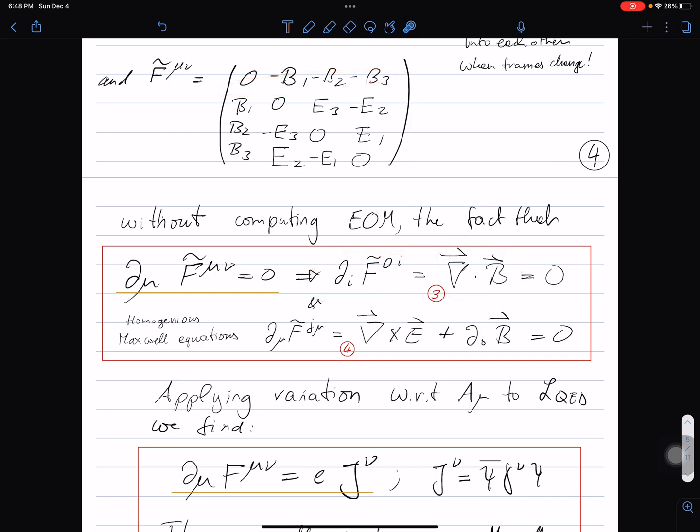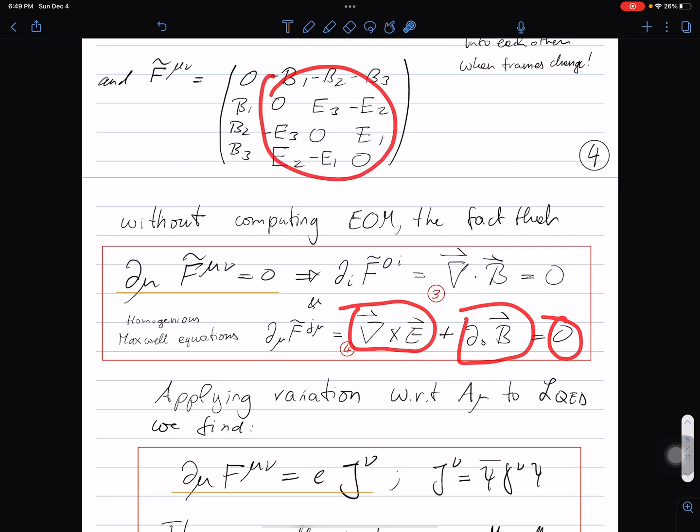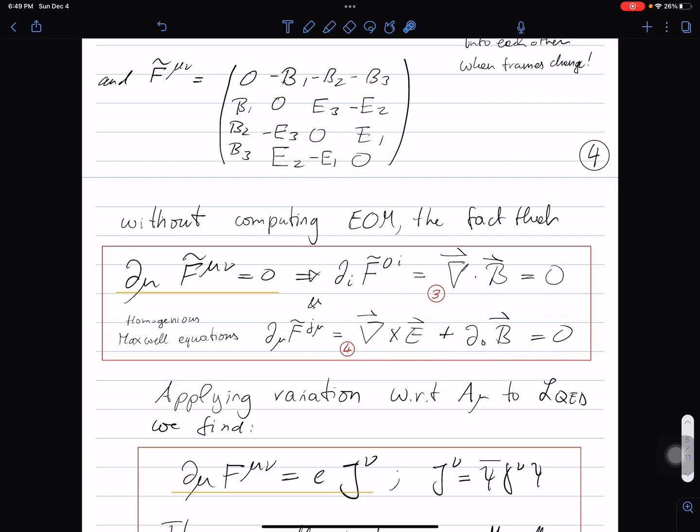And on the spatial components, running over the derivatives over time and space, contracting the mu index, evaluating those combinations in the vectorial form, gives us the rotation of E plus the derivative of B is equal to 0, right? So we evaluate essentially these values here by contracting over the derivative index and taking the spatial vector indices. And this is just the second homogeneous Maxwell equation.